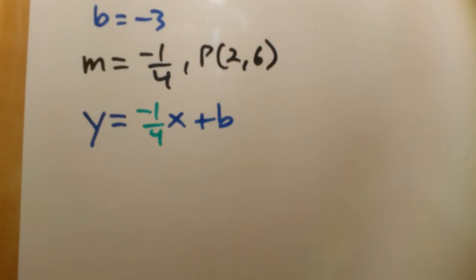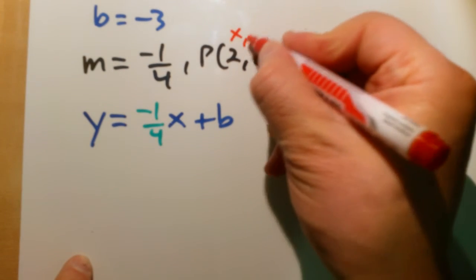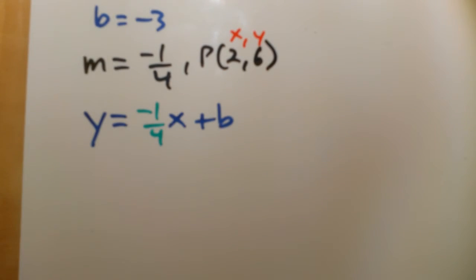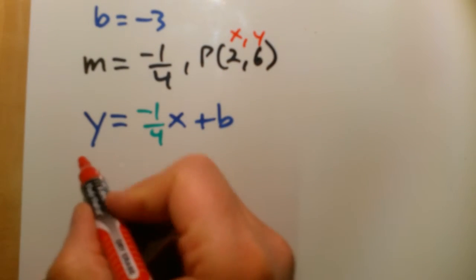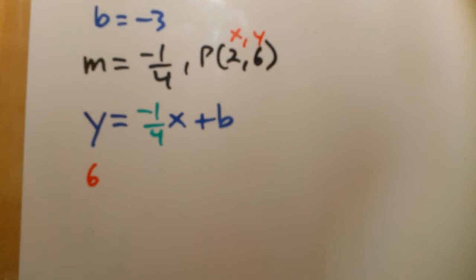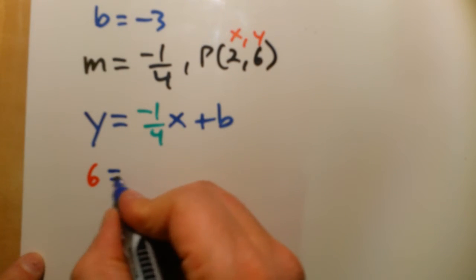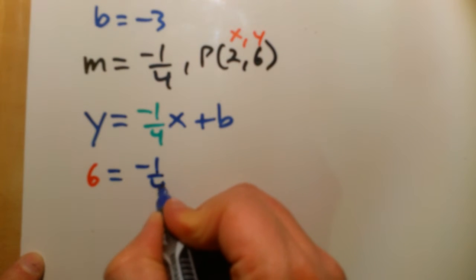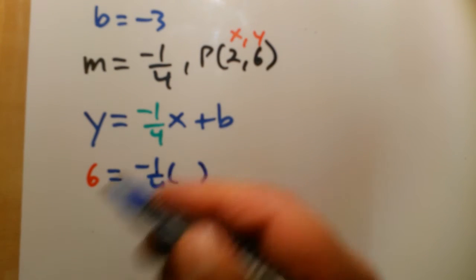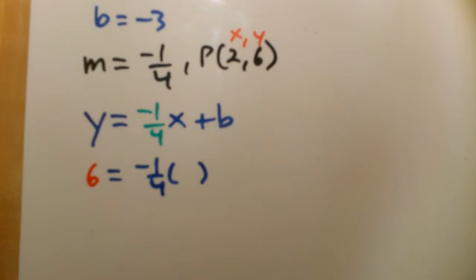Every point on the line has these coordinates x, y. So for y, we're going to write 6, and it's going to be equal to our slope, -1/4, times x, which in this case is 2, plus b, which is what we're going to solve for.